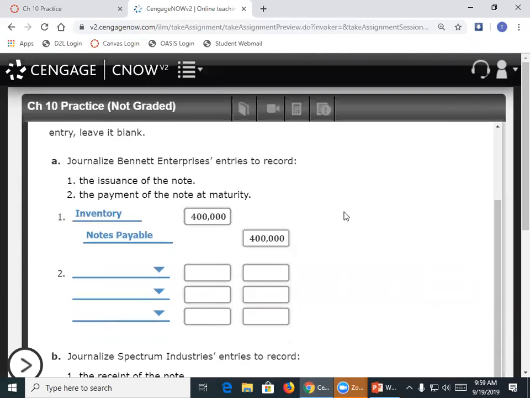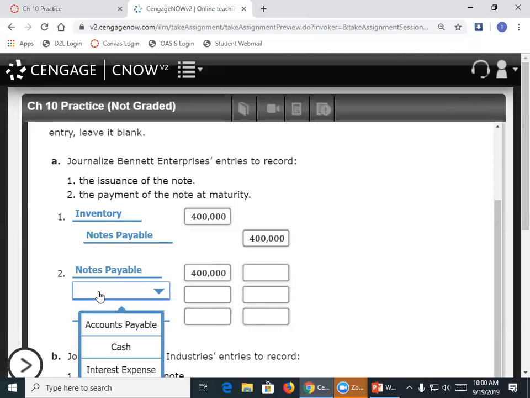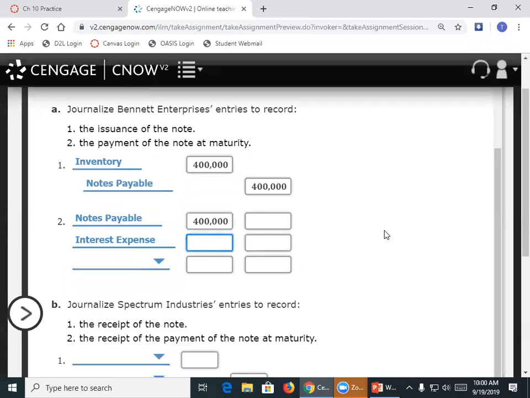So when we pay this note at maturity, what do I need to debit and credit? Very good. We debit notes payable for how much? The face value. Very good. 400,000. It's not interest revenue because we owe. Interest expense. Good. Interest expense gets debited, and we calculated $5,000 of interest expense.